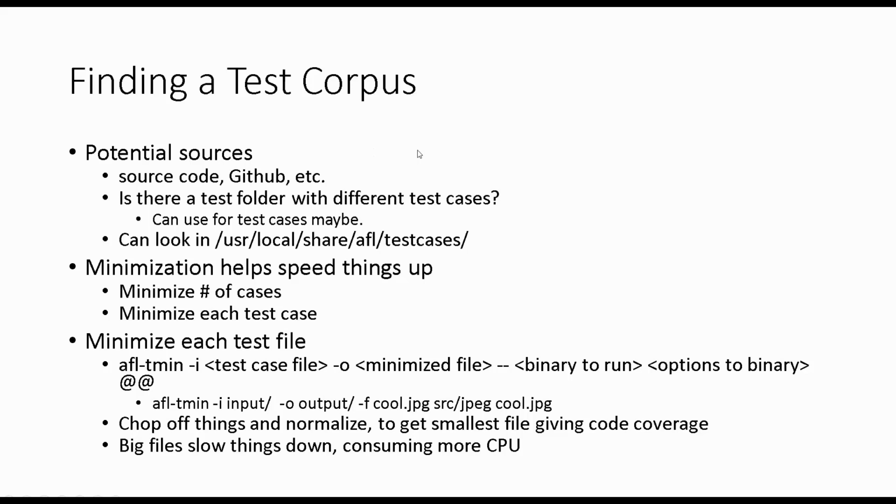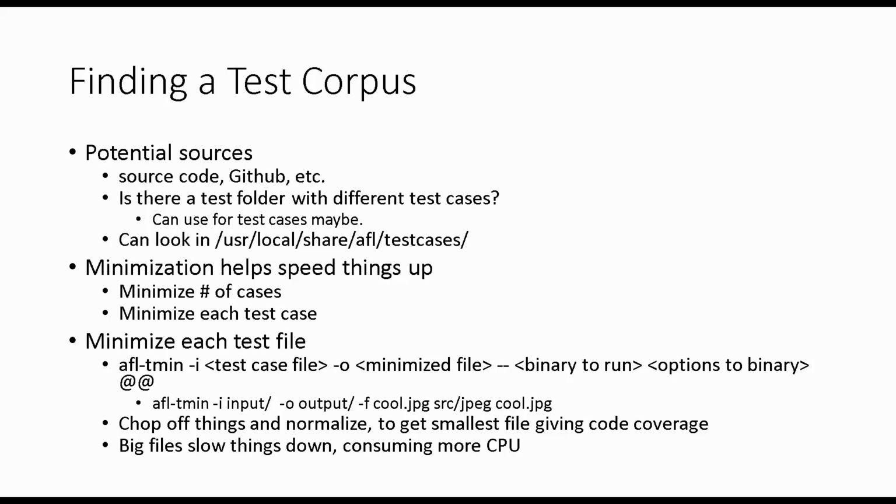So, finding a test corpus, potential sources. Again, we could look to the source code. Wherever we get the source code, whether it's from GitHub or who knows where, if it's a more advanced, sophisticated piece of software, they should have some test cases, inputs they run it with to see if it functions smoothly without problems.